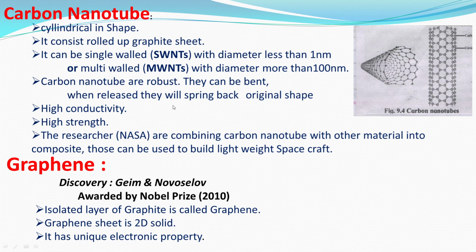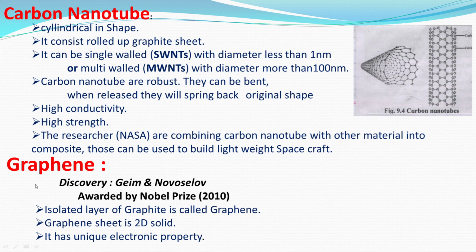They can be bent, but when released, they spring back to the original shape. They have high conductivity and high strain. Researchers combine carbon nanotubes with other materials into composites, which can be used to build lightweight spacecraft.